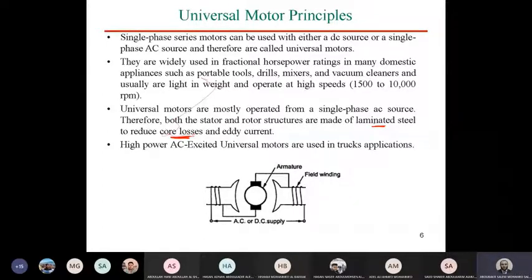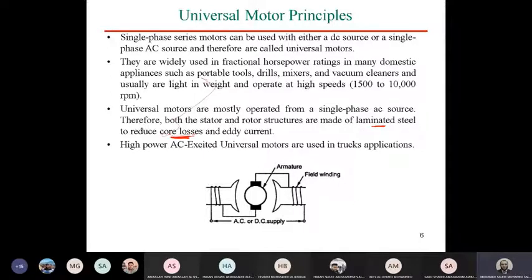So the difference between DC series motor and universal motors, even if the universal is supplied by DC supply, the difference is the core lamination is different. This is because of the design to reduce the eddy current loss of the machine.